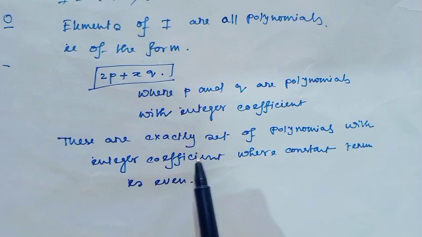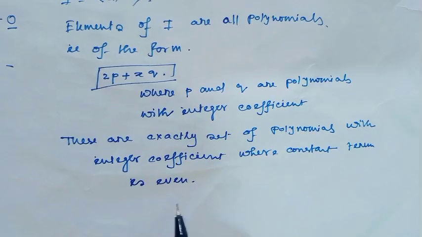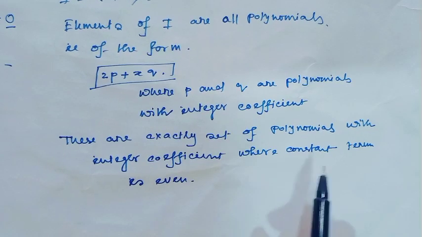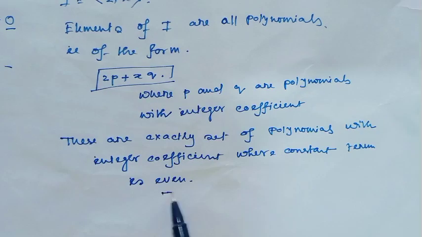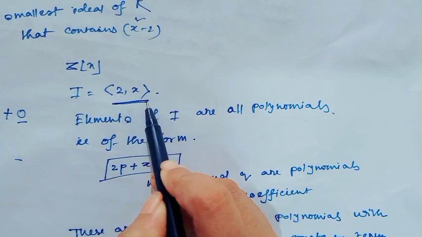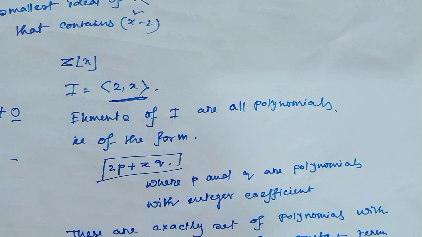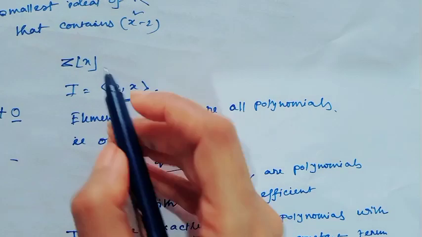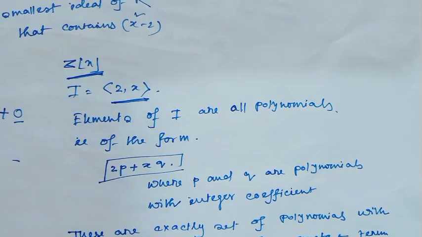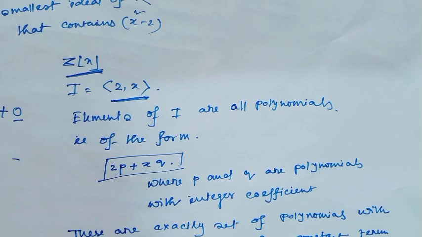That means they are exactly the set of polynomials with integer coefficients where the constant term is even. That means the ideal generated by 2 comma x is the set of those polynomials with integer coefficients, because here the ring is Z[x], where the constant term is even.